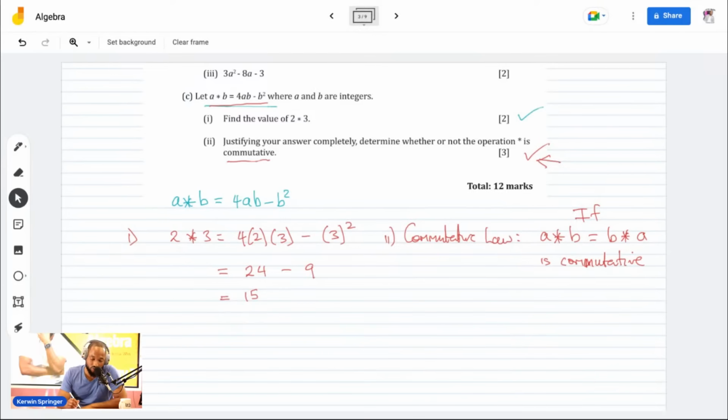So the commutative law is saying that if you could change it around, it's commutative. The fastest way to justify this in the exam, they could actually do a whole proof, which is not what they will be testing you on. The fastest way to justify this is to switch it around.